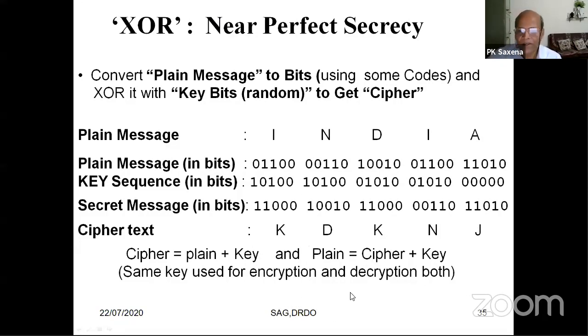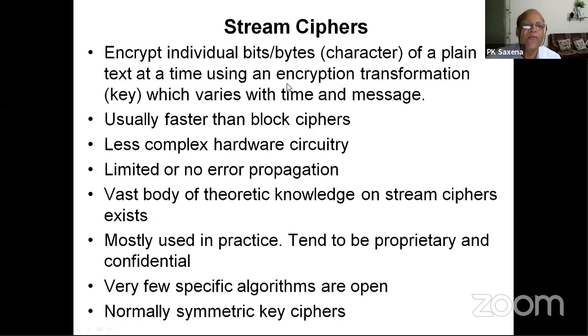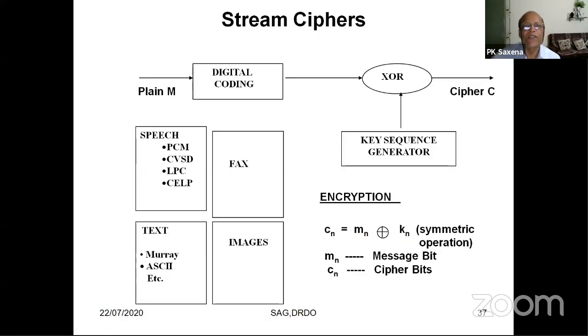So this is realized in terms of stream cipher. That is the concept in stream cipher, that the individual bits and bytes are encrypted bit by bit, and mostly this is being used these days in our crypto systems.